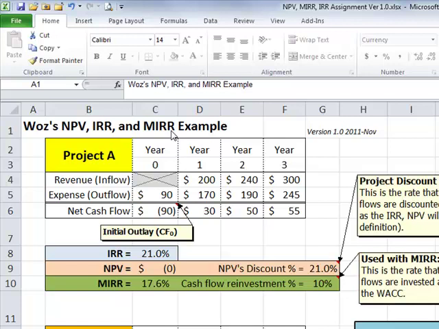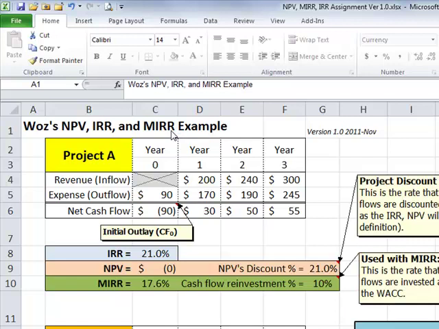One of the problems with IRR is that the assumption is every cash flow that the company gets through the life of the project is immediately reinvested at the same rate of return as the project. As a practical matter, most of the time the rate that's received on those proceeds is that of the money market rate and somewhere perhaps up to the company's weighted average cost of capital, which can tend to be much lower than that of the IRR.